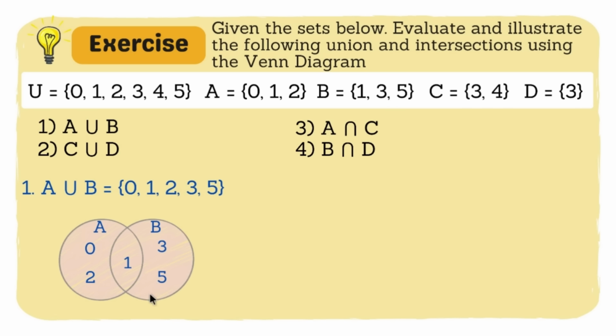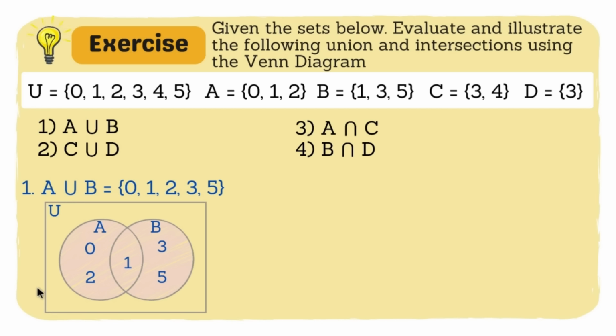Ngayon, tapos na po ba ang ating Venn diagram? Hindi pa po. Bakit? This time, meron po tayong tinatawag na universal set. And take note, when you say universal set, this contains all the elements under consideration. Paano natin idodrawing ang universal set? Gagawa lang po tayo ng isang box dito sa labas.